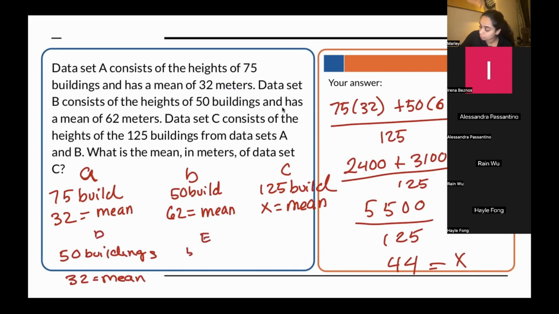And let's say E was also 50 buildings and 62 was the mean. Then, if you have 50 in each pool, you could do 32 plus 62 divided by 2 and that gives you the proper mean. But because you have more data points in set A, you don't do it that way. I don't know, does that help?